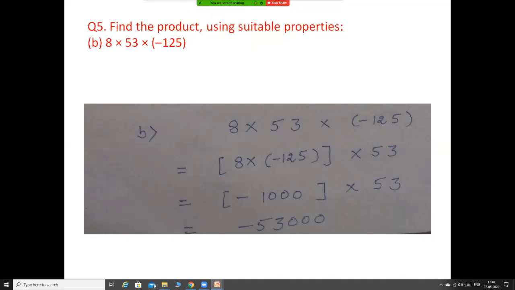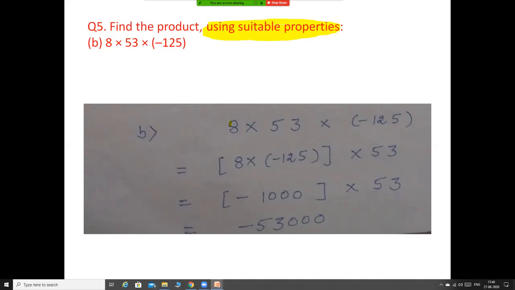Now second part, B part of the same question, question number 5. Using suitable properties. So I am highlighting the word using suitable properties. How to find this product? So minus 8 into 53 into minus 125.